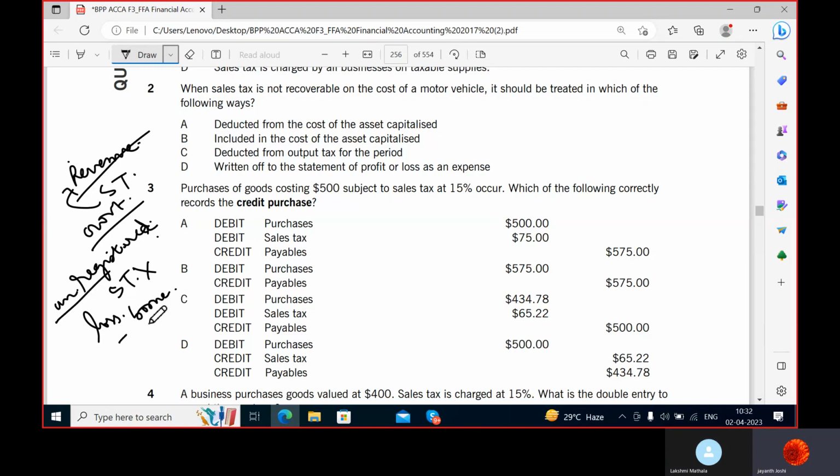Second scenario, sometimes the customer to whom we have sold goods becomes insolvent, and definitely he can't make payment. In that scenario also it becomes irrecoverable. So these are the scenarios in which the tax becomes irrecoverable. These are not daily phenomena. This is something which happens once in a blue moon.